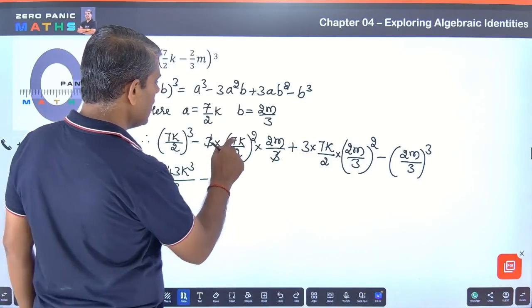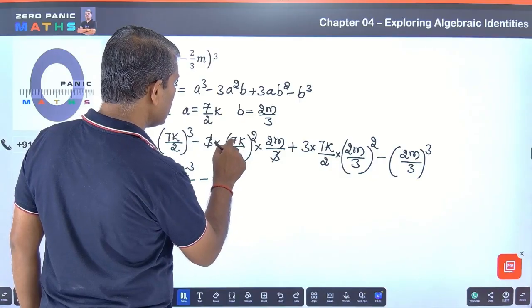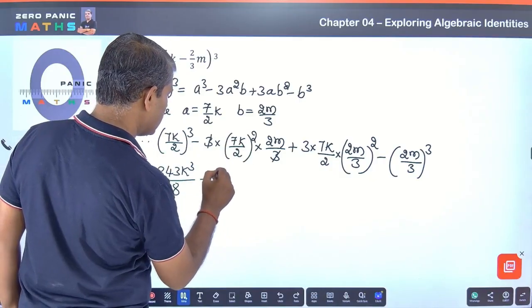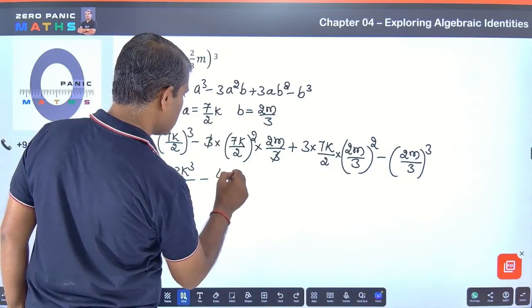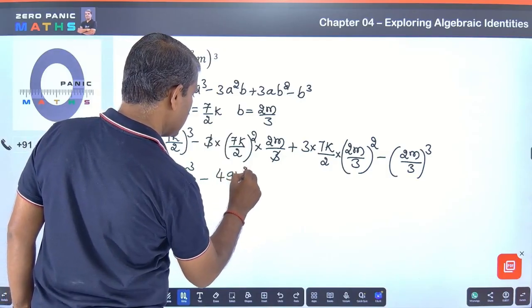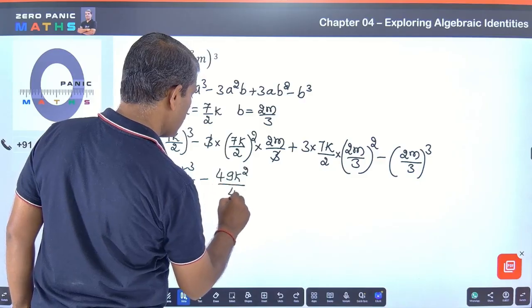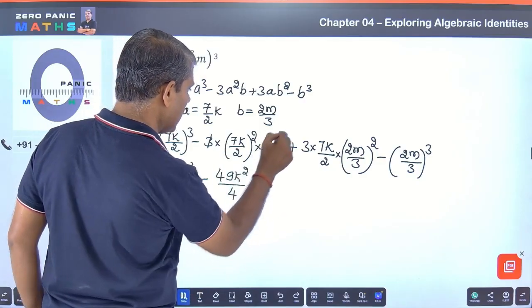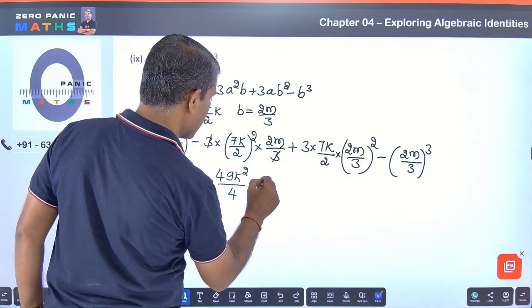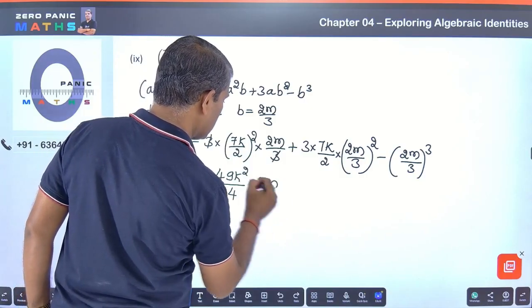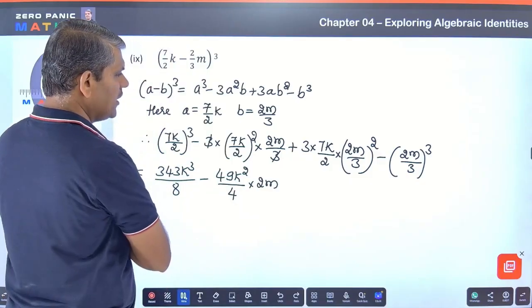Remember that. So now there is 7 square. Let me write that remaining thing. 7 square, 49 k square divided by 4. First expand that, and then if there is anything that gets cancelled, you can do that later. We will do the cancellation in the next step.